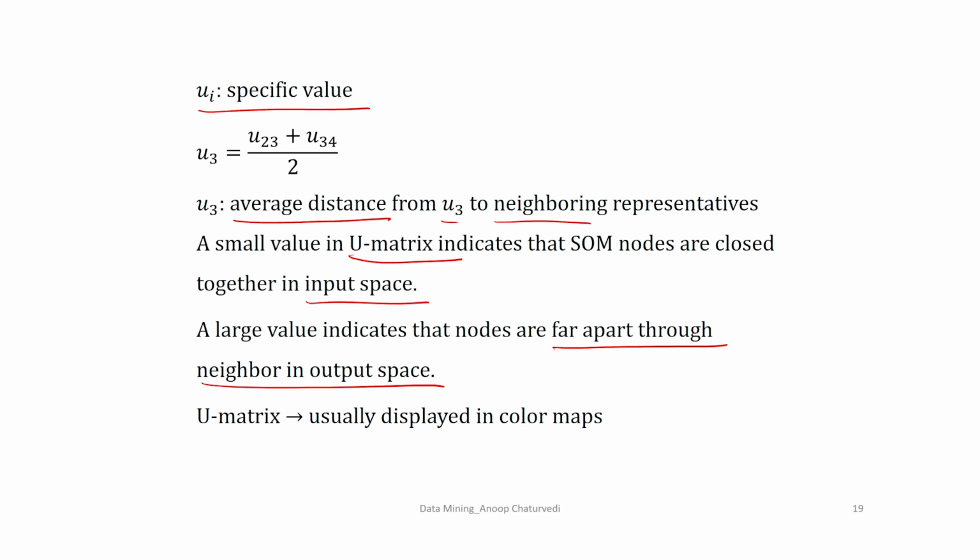And usually we display U matrix in color map, and as I mentioned earlier, the small values of U matrix are denoted by darker colors.